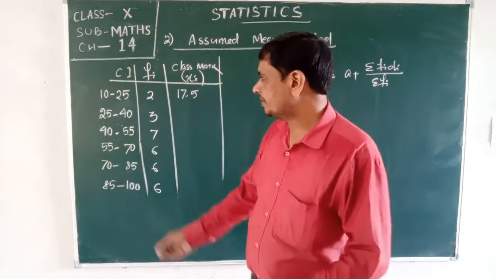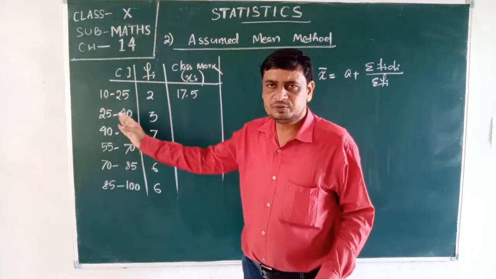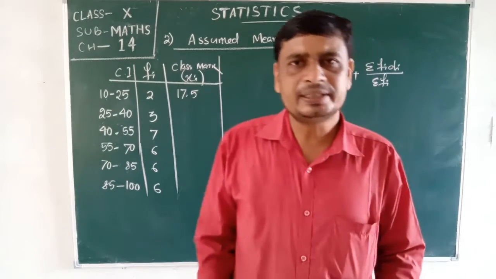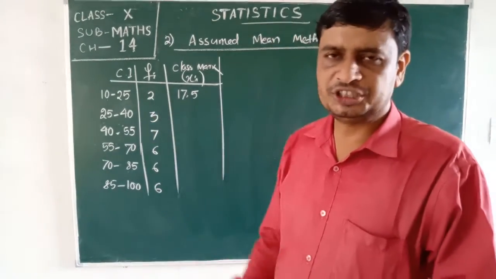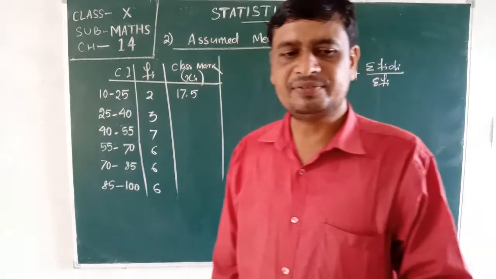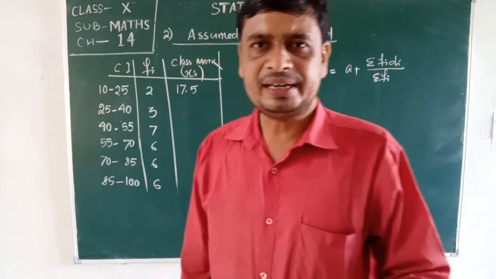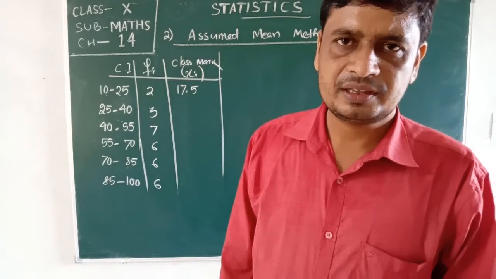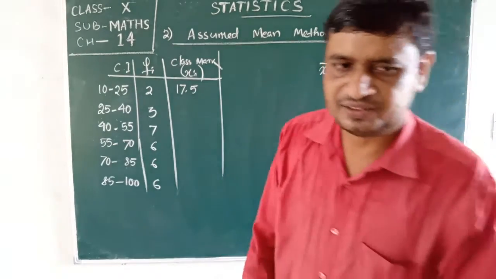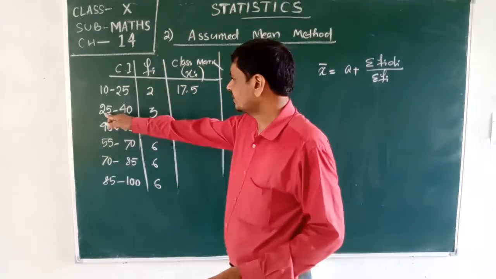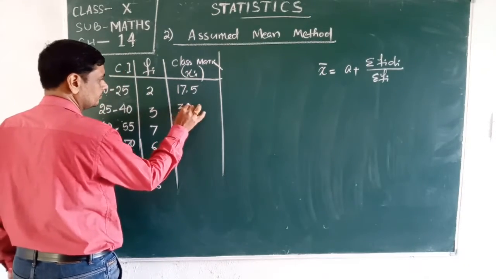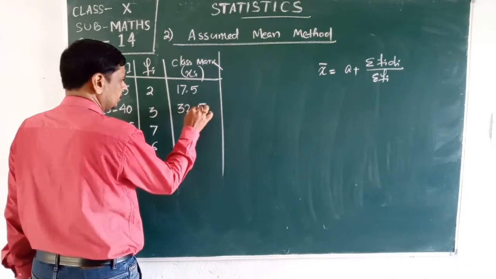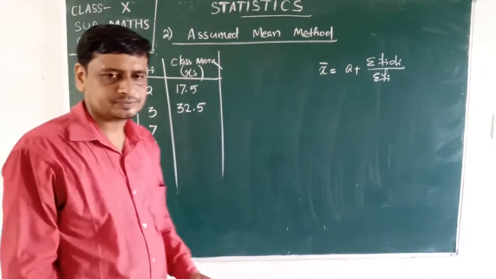Similarly, for the class 25 to 40, what will be the class mark? 25 plus 40 becomes 65. 65 by 2 becomes 32.5. So, class mark for this class is 32.5.